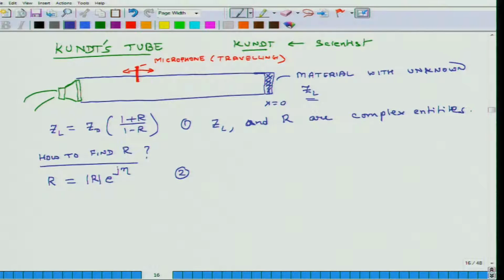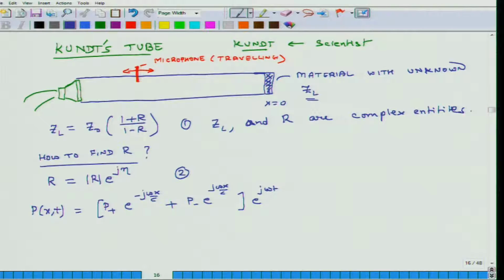Third thing, this is a one-dimensional tube, so any sound which propagates in it will follow the transmission line equation for pressure. The expression for complex pressure P(x,t), so this is not the real pressure but the complex pressure, is nothing but P plus times e to the power of minus j omega x over c, plus P minus times e to the power of j omega x over c, all multiplied by e to the power of j omega t.